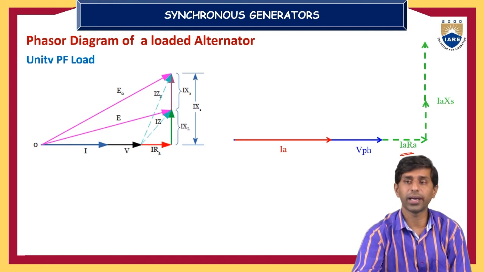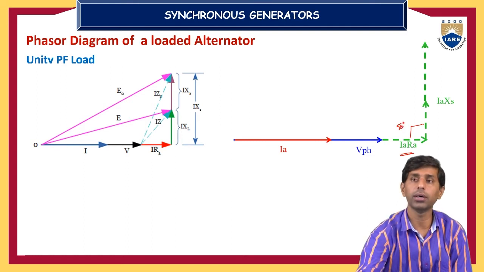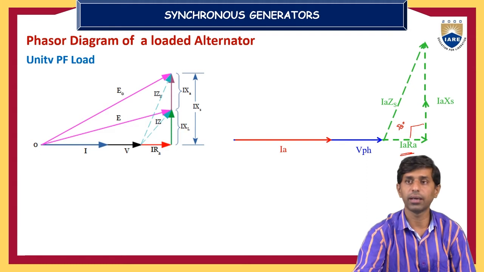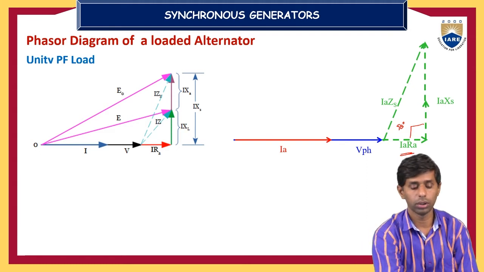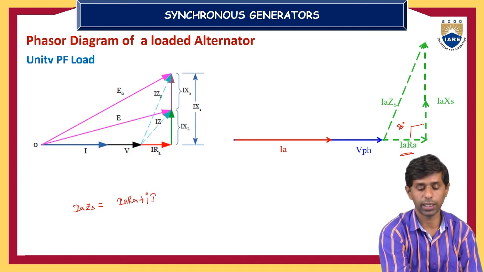The drop due to leakage reactance is perpendicular, that is j, 90 degrees here. Next, the drop due to the synchronous impedance of the alternator is equal to the IARA drop plus j times the IAXS drop.